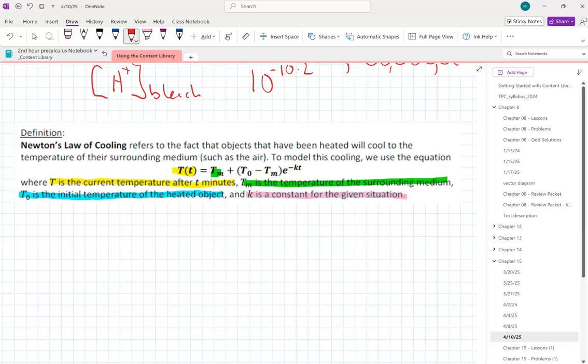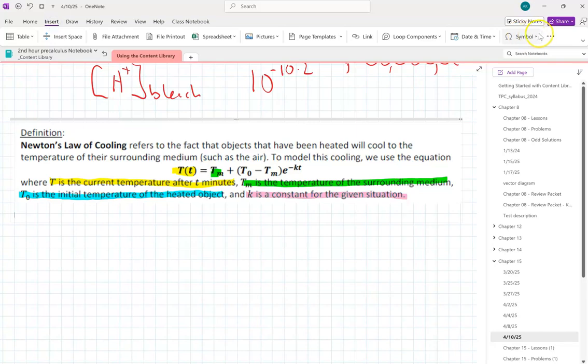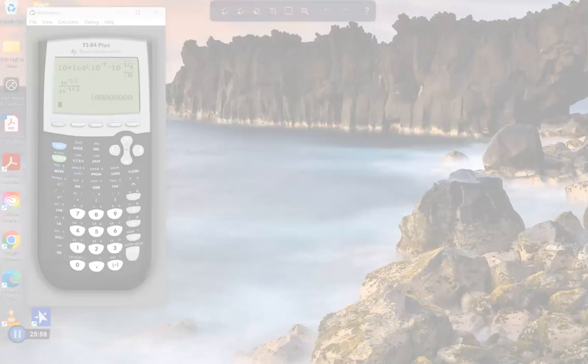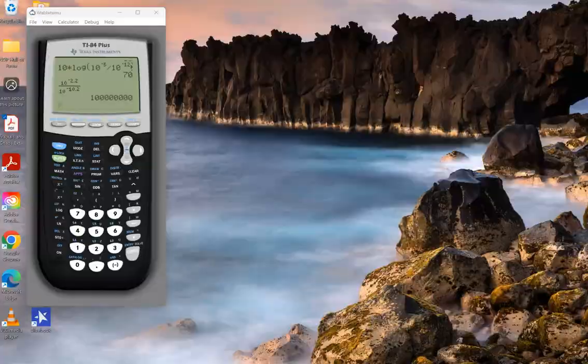It's all specific to the substance that you're heating or cooling. Does everybody feel okay about what the values are representing? Because that's going to be maybe the trickiest part of the story problem, getting things in the right place, right? Because you got to read the situation, be like, okay, that's a Tm, that's a T naught, that's a T of t, that's a constant.